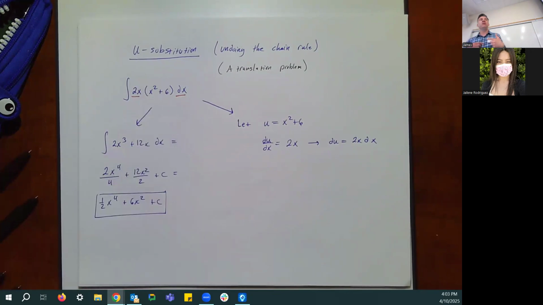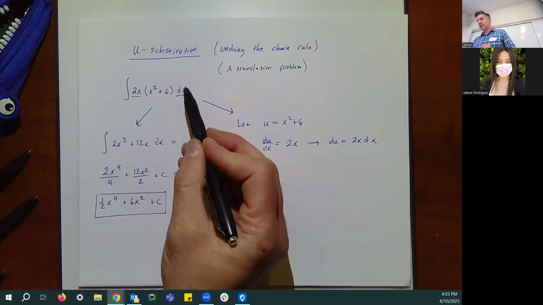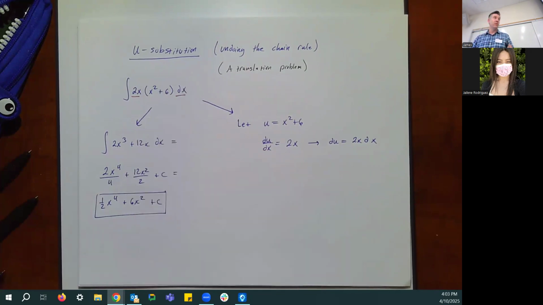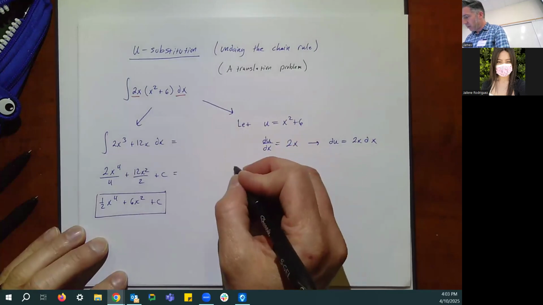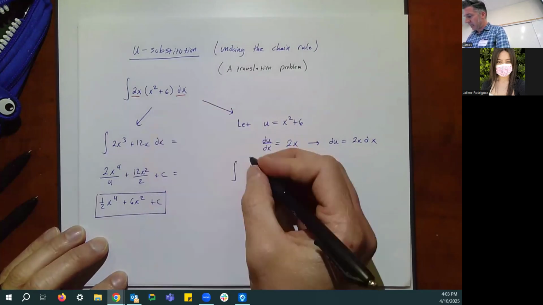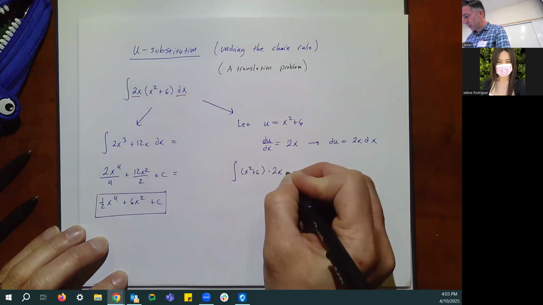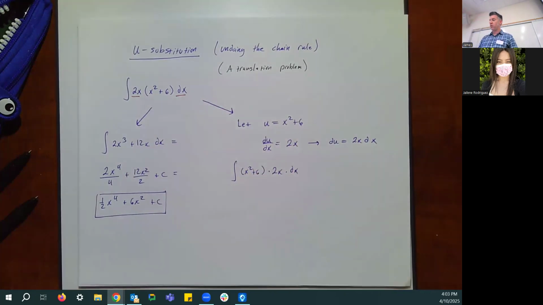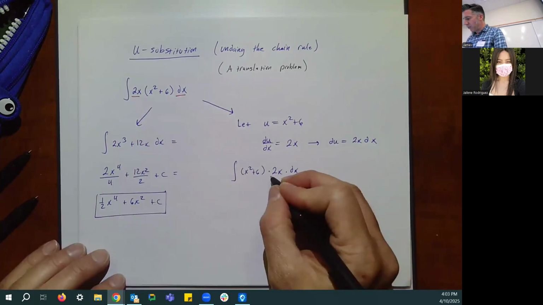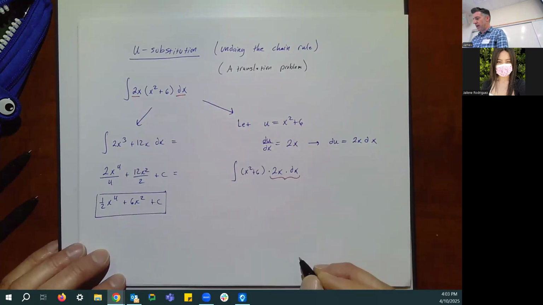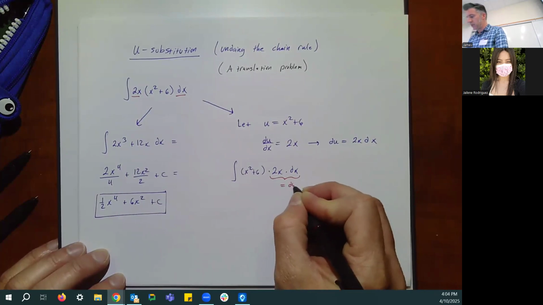So what that means for me is I am always focused on making sure that my dx thing here transforms into a du thing in my new integral. So when I write this down over here, my integral, I'm going to actually rewrite this as x squared plus 6 times 2x times dx. I'm going to first focus on replacing the 2x dx with du.